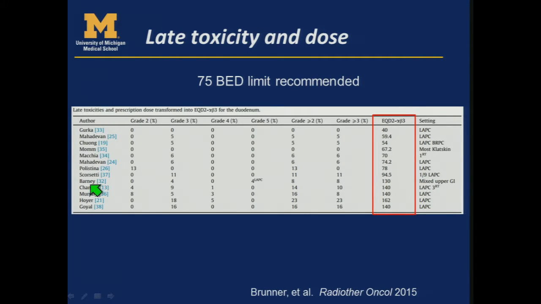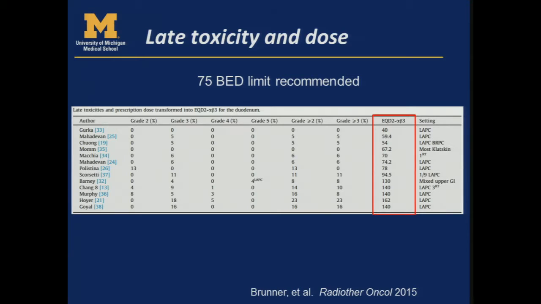And they tabulated different retrospective reviews and some prospective studies of pancreas SBRT, and they basically converted to EQD2 with an alpha beta of 3. And if you look at this, you see that the duodenum got a very high dose if you convert it to EQD2.